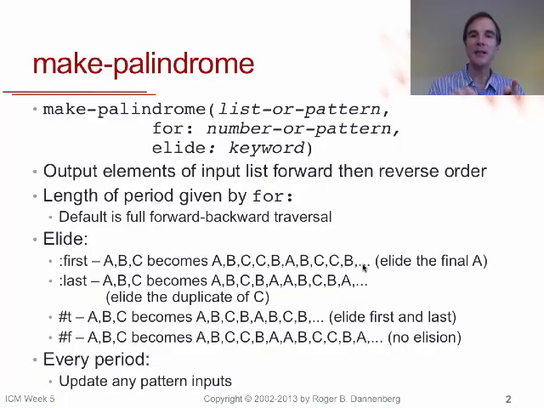Maybe you want A, B, C, B, A, B, C. In that case, you want to elide the endpoints, and the options for the elide keyword are first, so ABC becomes ABC, CBA, but then we elide the A and go right back to B. We can elide the last element. If we set elide to true, then we do elision at both the beginning and the end of the pattern, and false means no elision, and that's the default value.